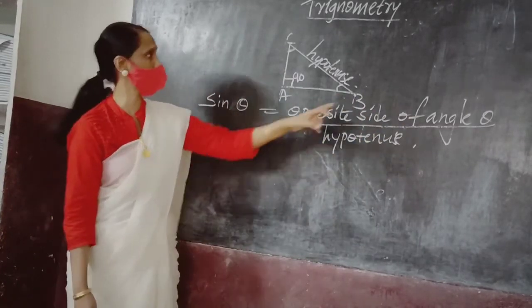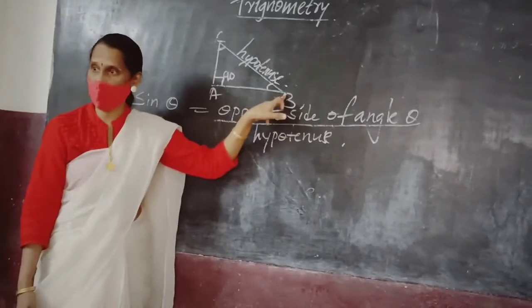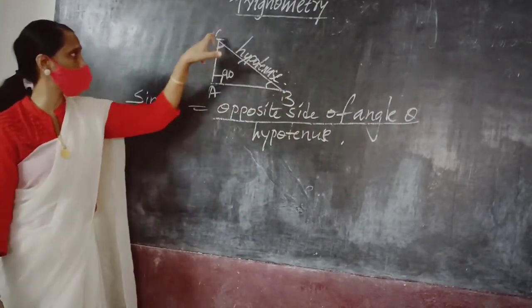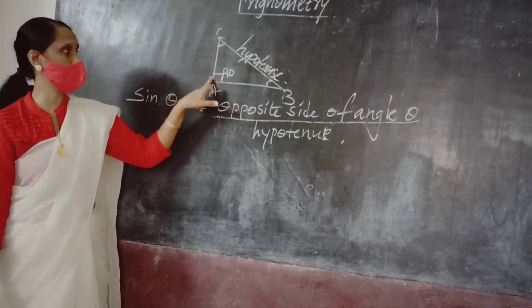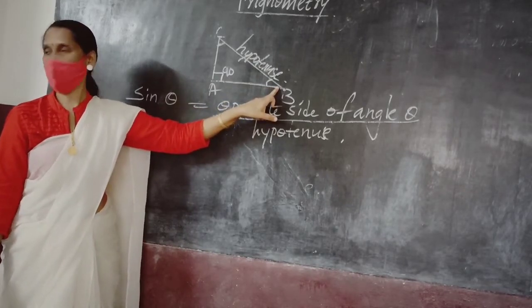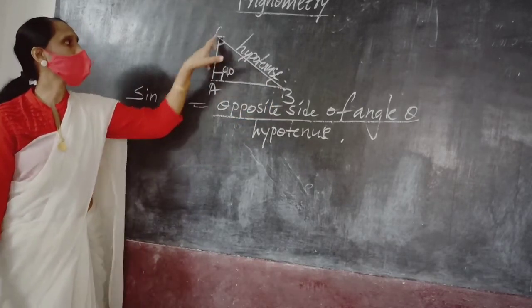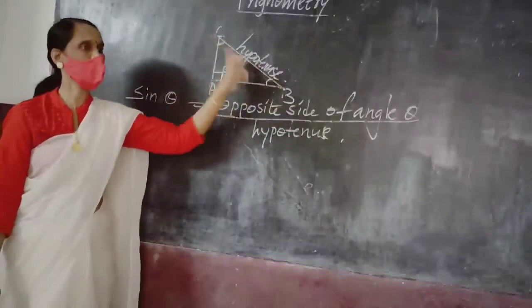So sine B, with respect to B: the opposite side is AC, and the hypotenuse is CB or BC. So we can say CA by CB, or AC by BC.